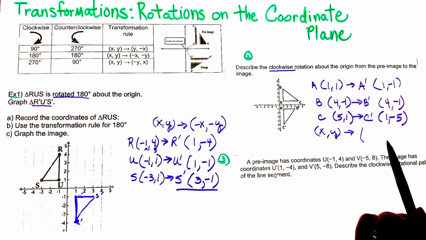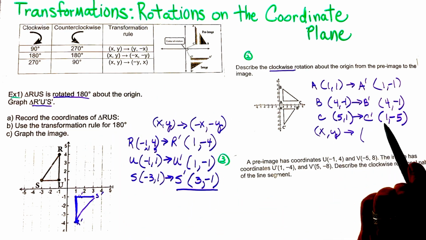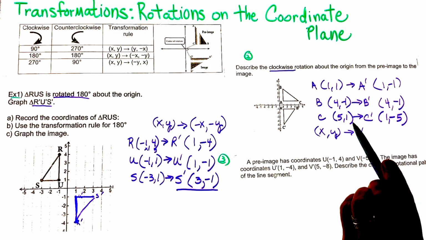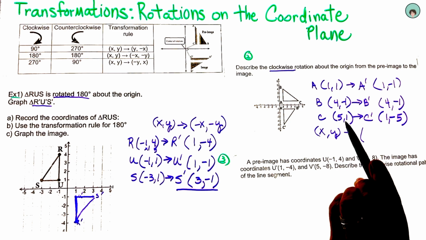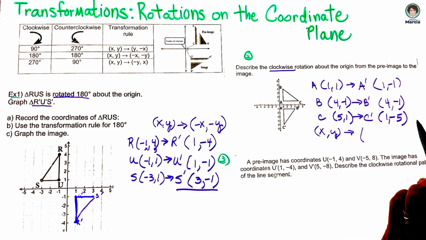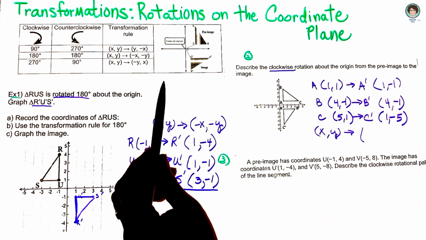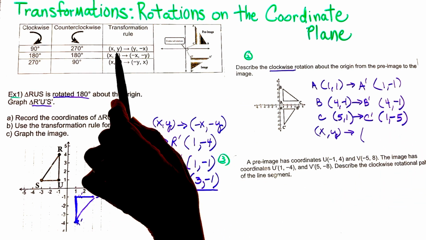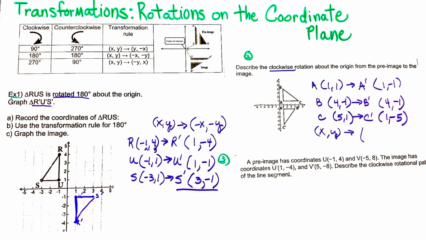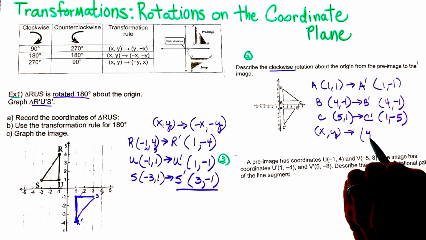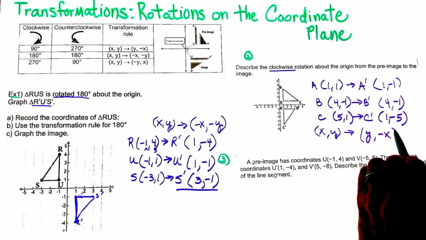But I also notice that my 5 was positive and now it is negative. So again, my Y and X change places, and notice my Y stayed the same number, but my X went to the opposite. So I know my rule for this is going to be Y and a negative X.